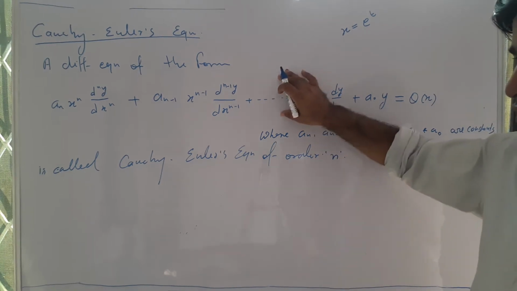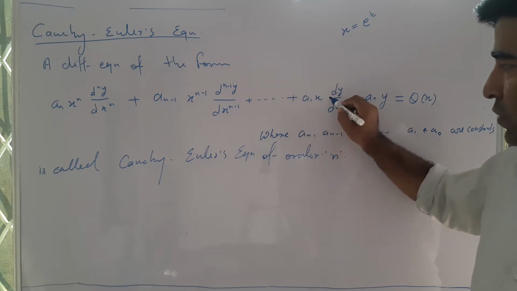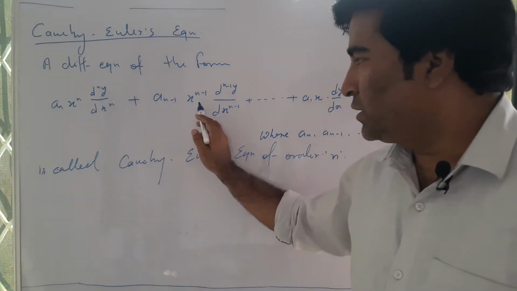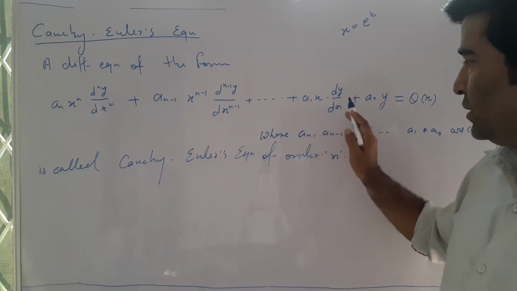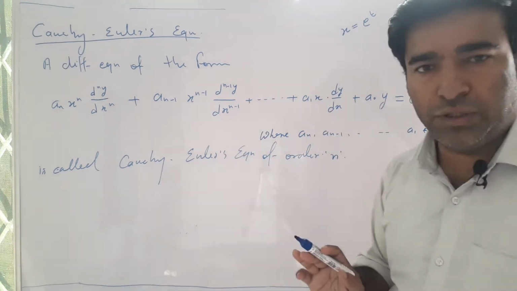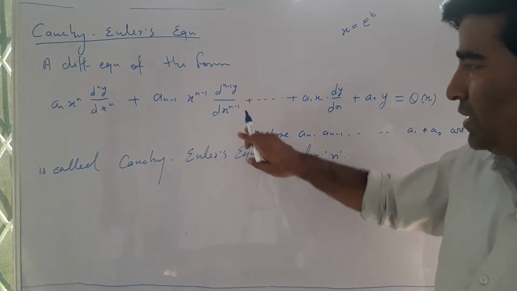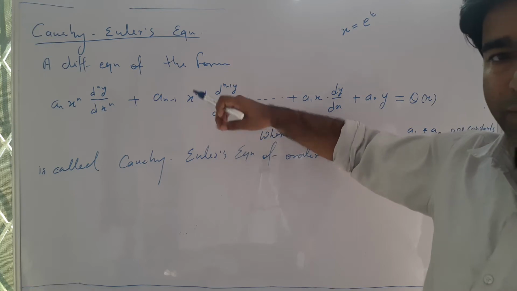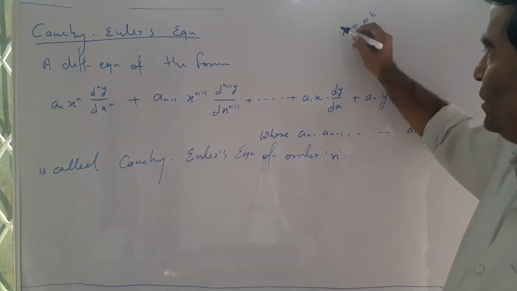Actually this equation is with variable coefficient. Here the coefficients of the derivatives, x to the power n, x to the power n minus 1 and so on, these are functions of x. So we can say that this is a differential equation with variable coefficient. And why this substitution?